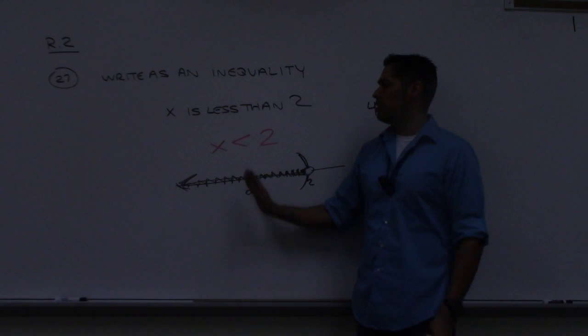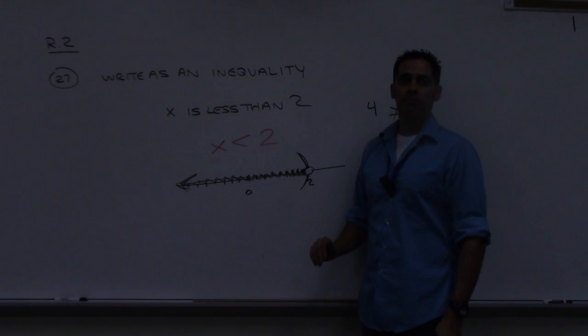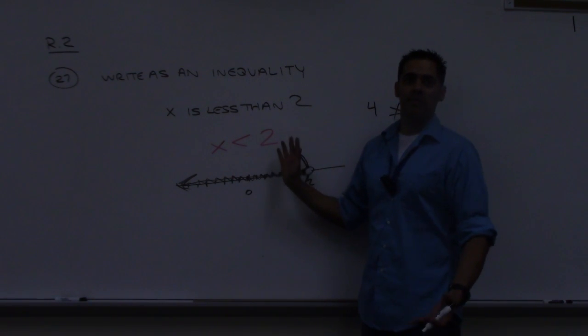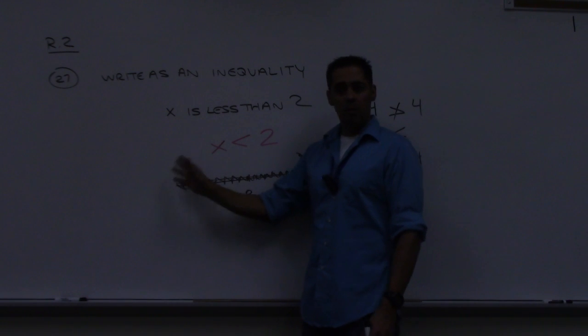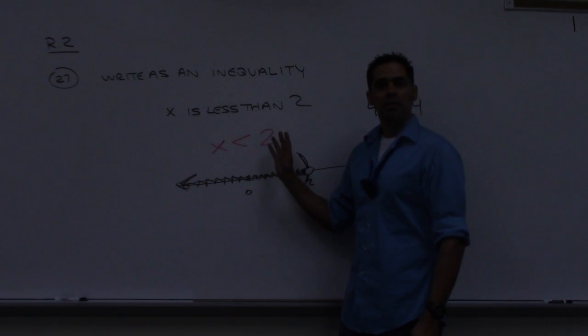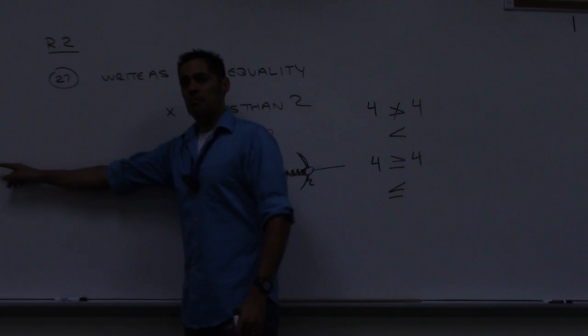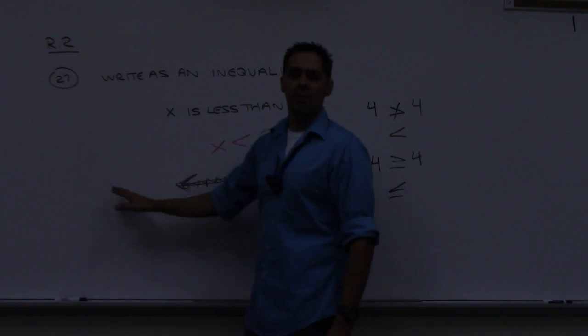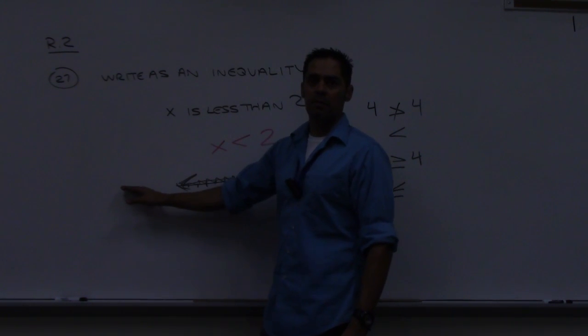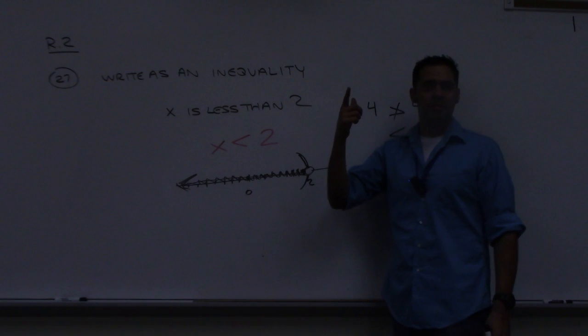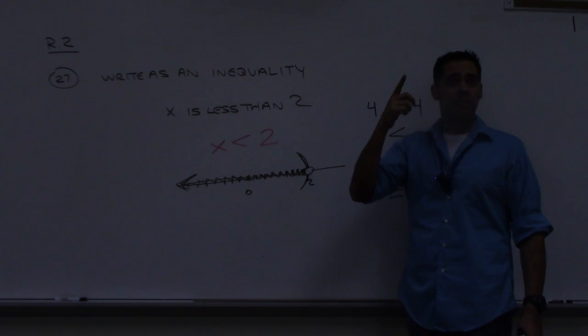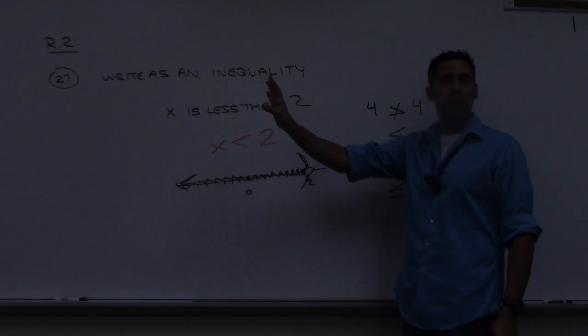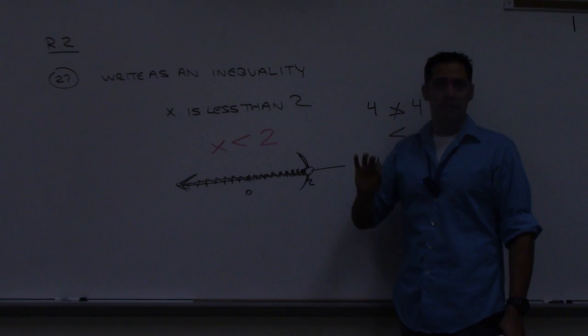If I said x is 0, would this be true? Is 0 less than 2? Yes. But so would negative 1. Negative 1 would work. Negative infinity, though, is not a number. Negative infinity is an idea. It's a concept. Infinity is the idea of something that grows without bound. All right?